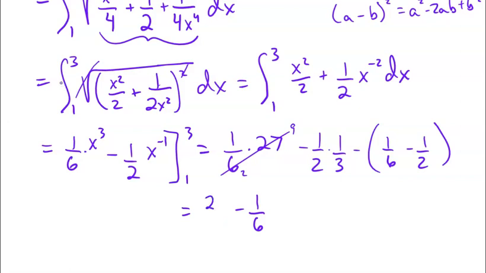Sure, let's do that. 27 over 6 minus 1 over 6, minus another 1 over 6, and then plus 1/2. So, actually, no, I'm going to leave it as 9 over 2. Okay, so 9/2 plus 1/2 is 10, so that's 5, minus 1/3, 2 6 is 1/3, so that's 4 2/3, which is 12, 13, 14 over 3.